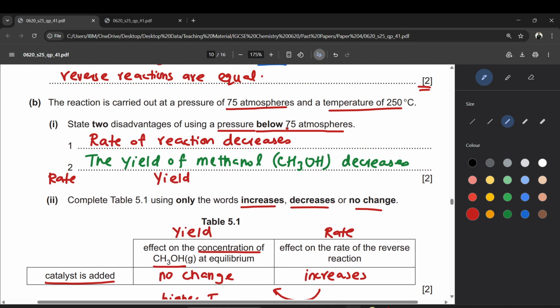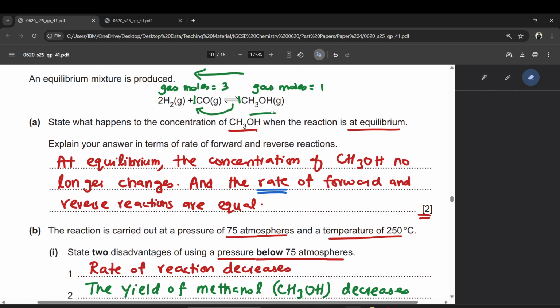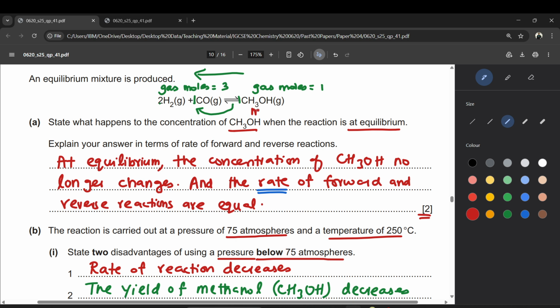Because methanol is over here, this is my methanol. So if by using a high temperature methanol is decreasing, that means the position of equilibrium must have shifted to the left, so the reverse reaction is taking place. That means that this is the endothermic side.